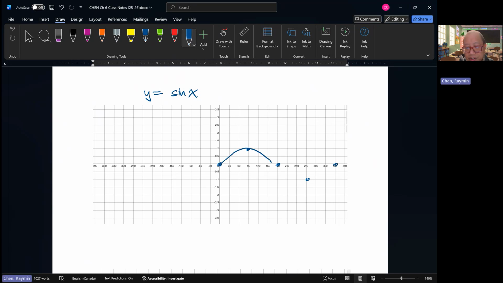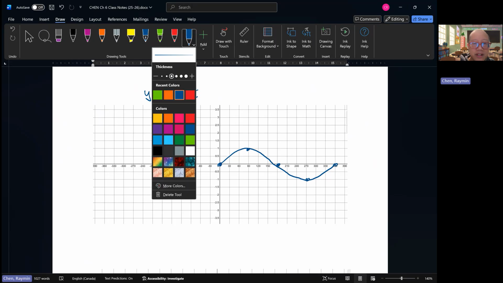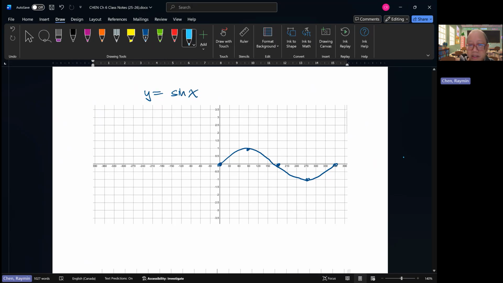I'm just going to draw one cycle over here, the counterclockwise one. We'll use a slightly different color, maybe a nice blue, just so people can see this nice wave.